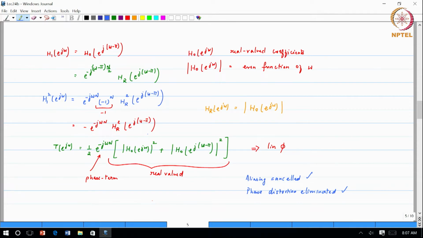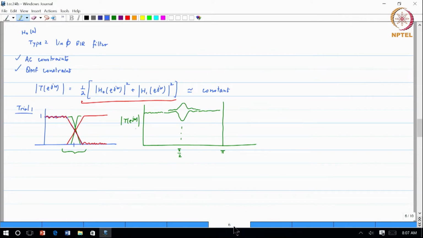So the overall transfer function has linear phase, phase distortion is eliminated, and aliasing is eliminated. We just had to deal with the magnitude distortion and make sure it is as close to a constant as possible, so that we get minimum magnitude distortion as well.